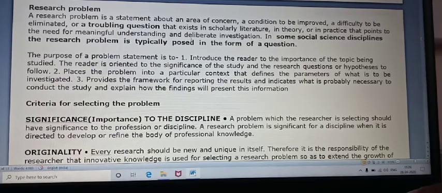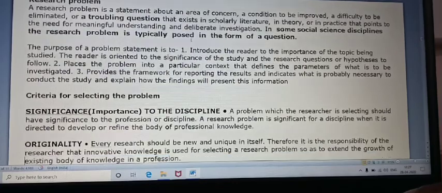How will you know whether the smoker actually gets cancer? You will take 10 people who smoke, you will find out how many cigarettes they smoke, how many packets per day, and how many months they have been smoking. So all this data you will collect. So this is the framework.